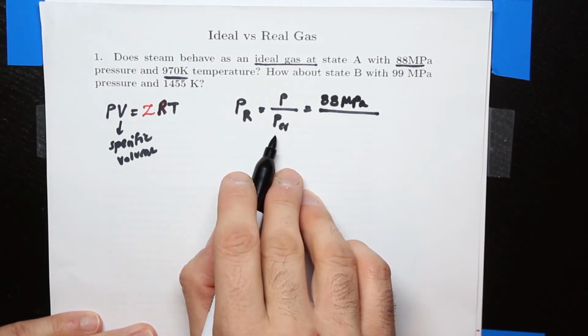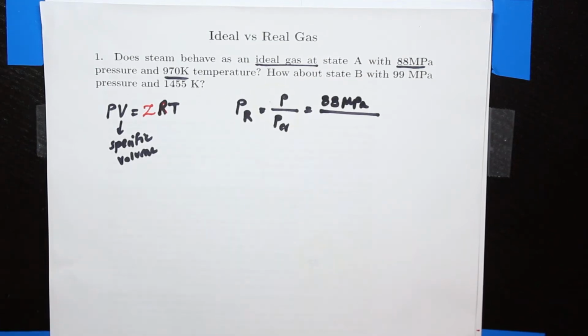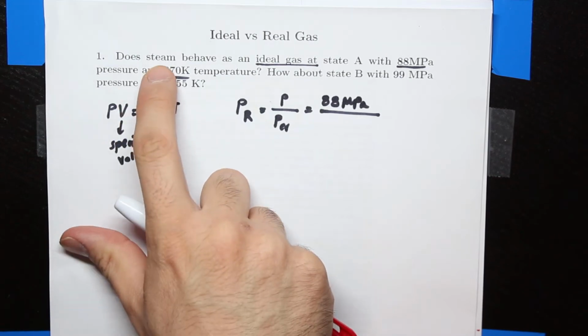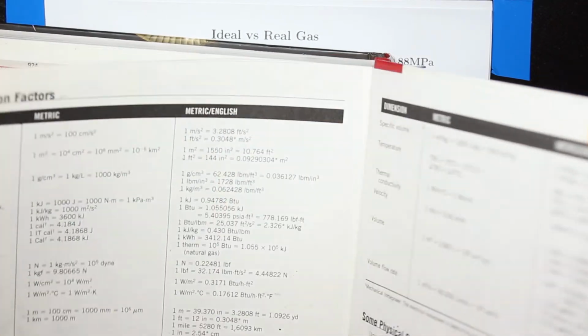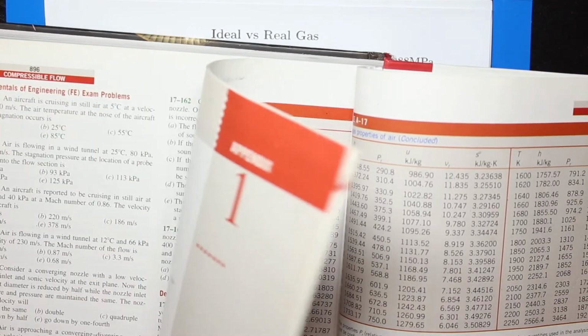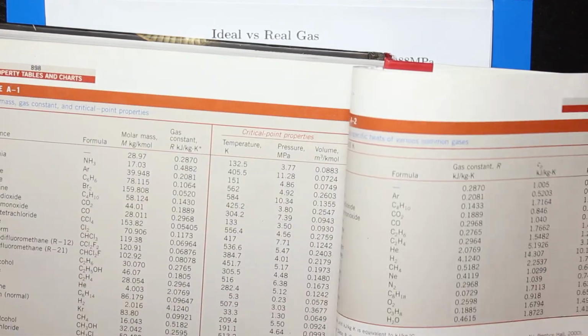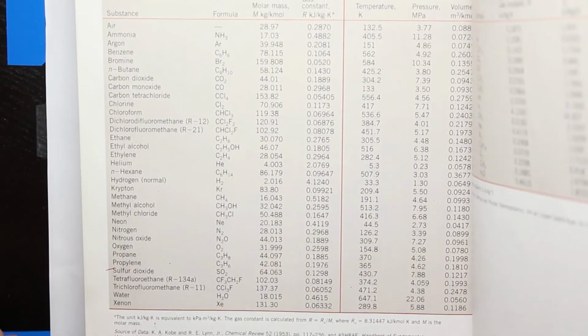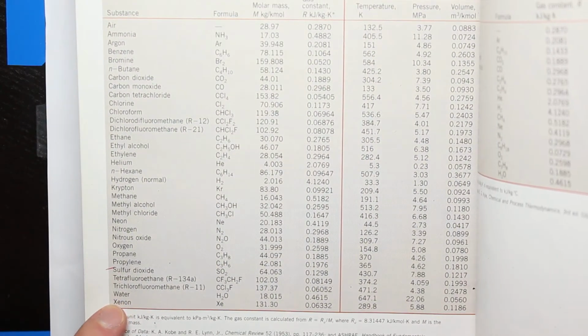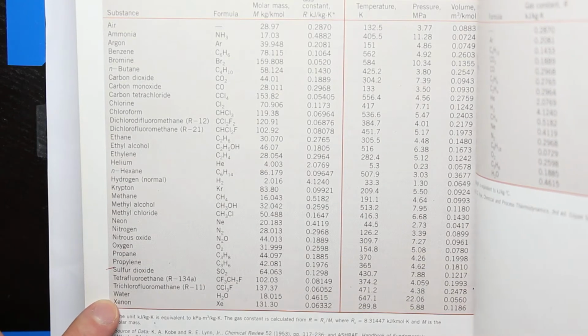You want to use table A1 to obtain this critical pressure. If you go to table A1, you will see that for this substance, which is basically water, it says steam. You do not directly see the word steam, but in fact, steam is the vapor phase of water. So you want to go all the way to the end, probably just one before the last.